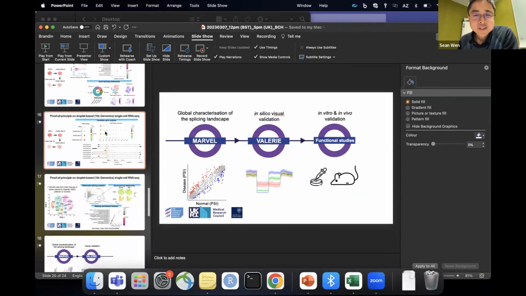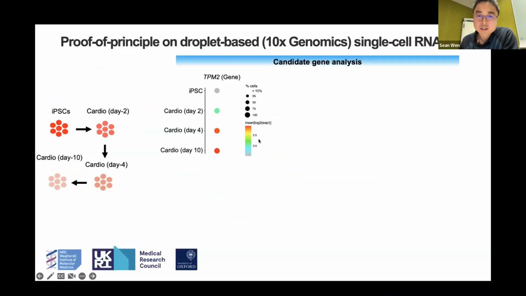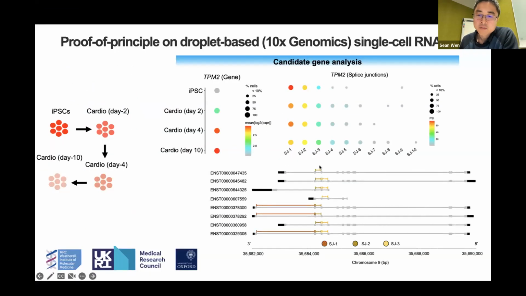Okay, so you're absolutely right. That's one of the problems that we faced when we were looking into 10x Genomics, where the data is quite sparse. So basically, if we look at this slide over here, we quantify the splicing events at the splice junction level instead of the exon level, because splice junctions are just more feasible compared to exons when we analyze droplet-based data. And the second point, you're absolutely right.